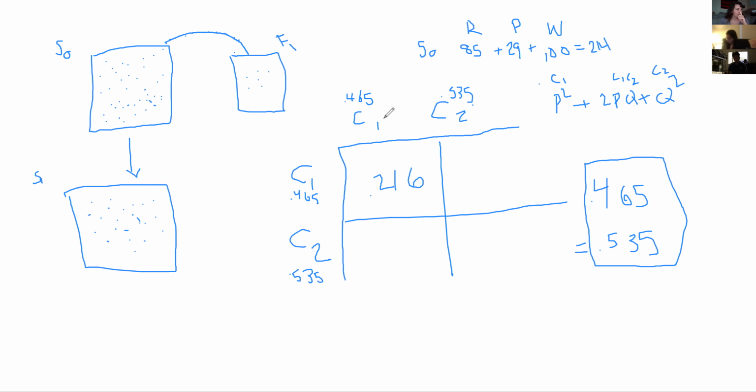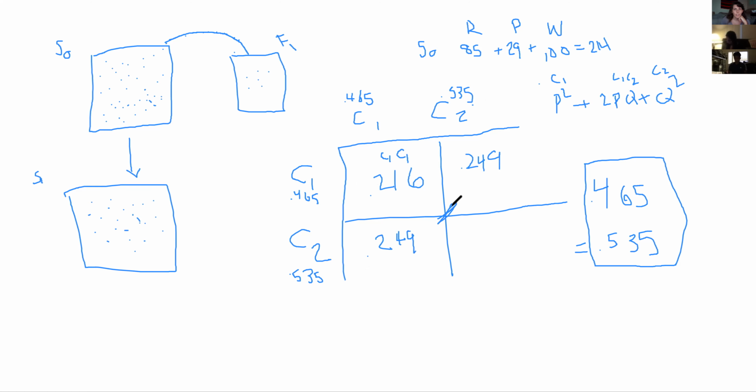And then moving over to the right, we've got C1 times C2, and that is going to be 0.249. And then you've got C2 and C1, so that's also going to be 0.249.